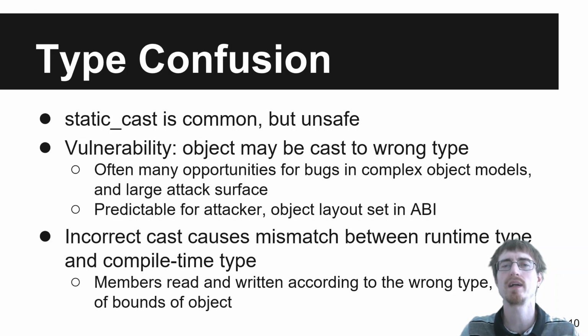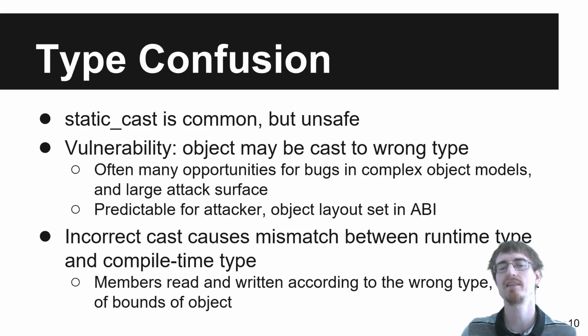Now, if these two are incompatible, that is, if the runtime type is not either a descendant or the class itself of the compile time type, in that case, we have an error in our state. We have a pointer pointing to something that's wrong.